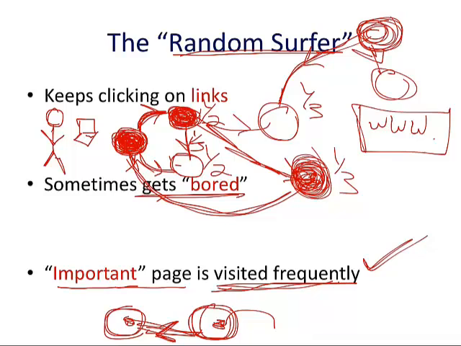On the other hand, if this is an important page and it's splitting among 2 pages, then maybe I'm only going to receive half of that importance score, as we just said, because the probability would split in half. And these are the ideas that we'll look at in the remainder of this section.